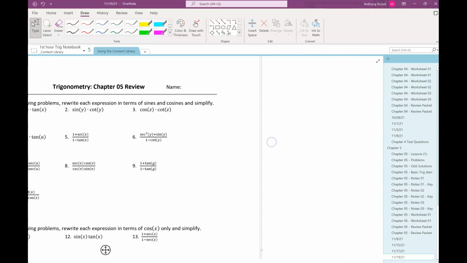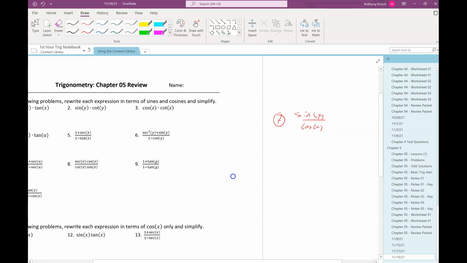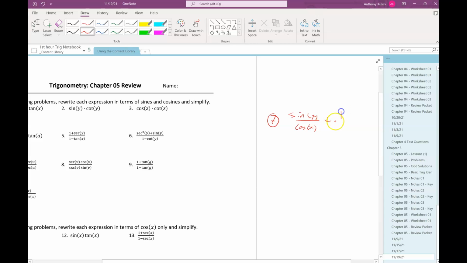So I would just start by rewriting tangent as sine over cosine and rewriting secant as 1 over cosine. There's really no way of avoiding having a yucky looking fraction inside a fraction situation, but that's okay.